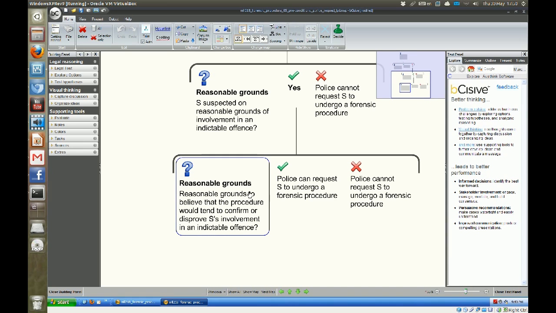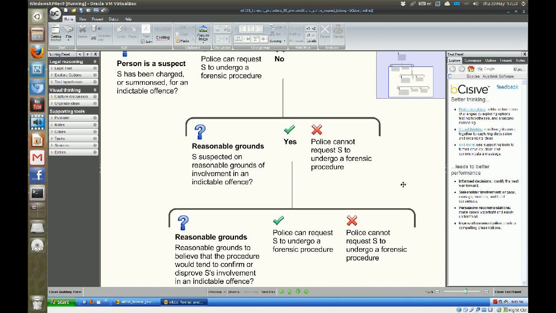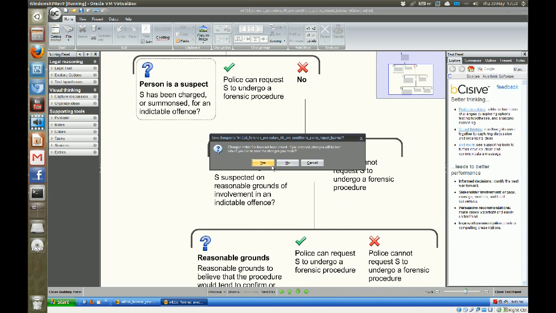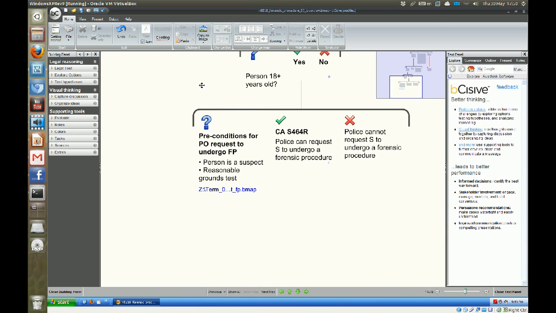So if the answer to this is yes, then the police can go ahead and request him to undergo forensic procedure. If no, they cannot. And of course, if it fails the first leg of the test, then the police cannot request the suspect to undergo forensic procedure. So that's what we mean by the suspect being a suspect, or the reasonable grounds test.